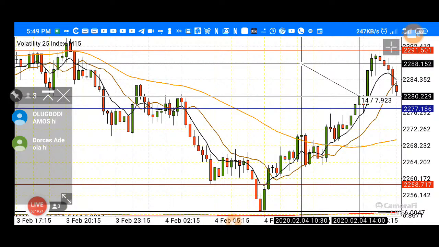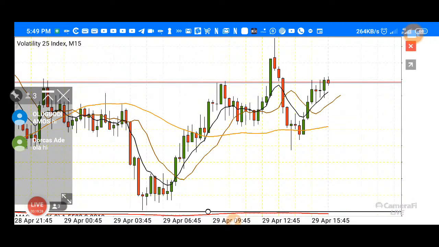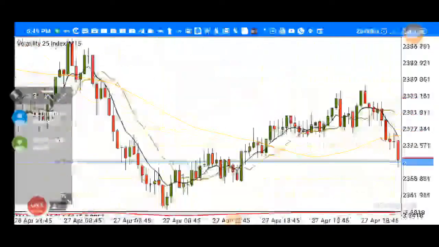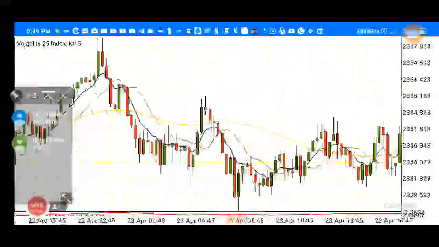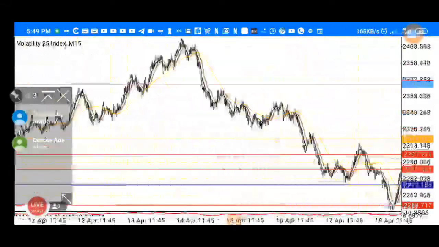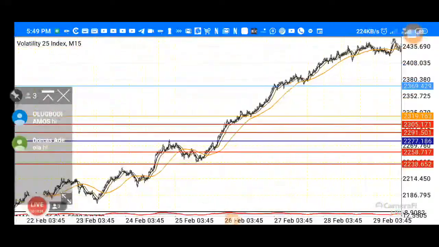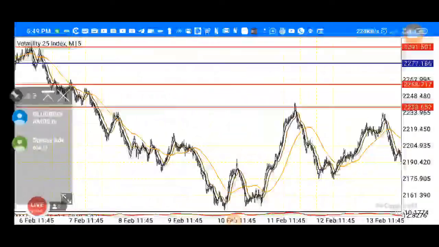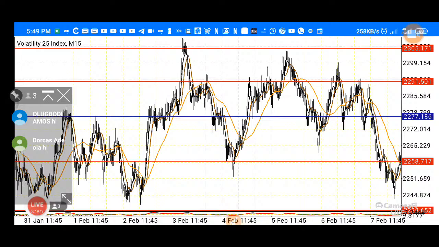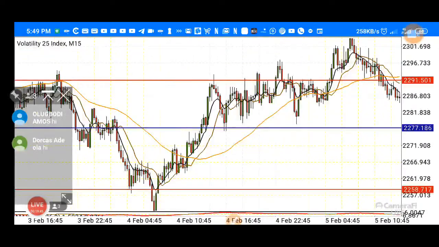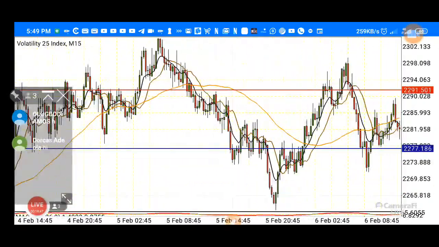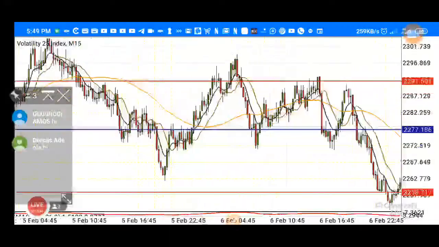Though this candle is still not showing a reversal, so let's see if it can still go further. Where are we?